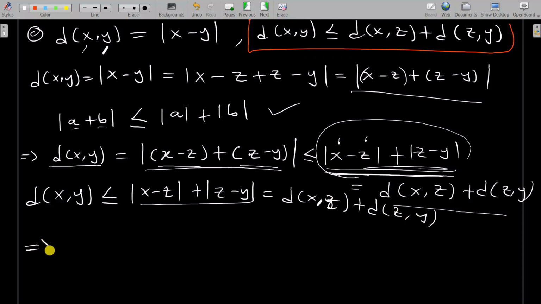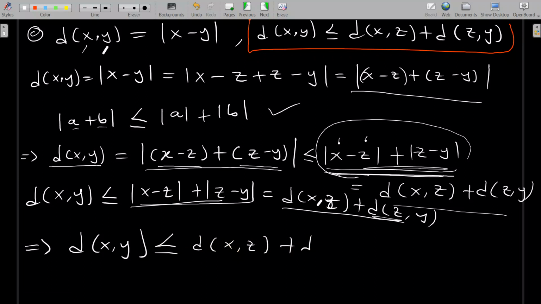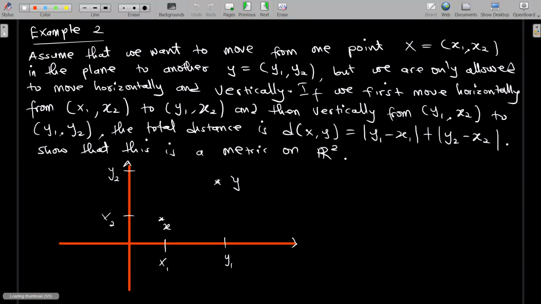So in effect, this will imply that d of x comma y is less than or equal to d of x comma z plus d of z comma y. So yes, this function here is also a metric on R. I don't know if you get what I'm trying to say here. So let's go to the second one.